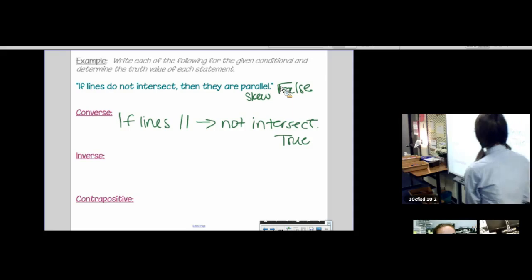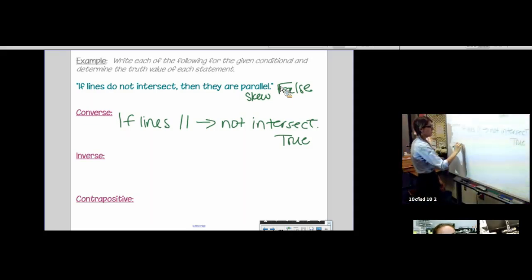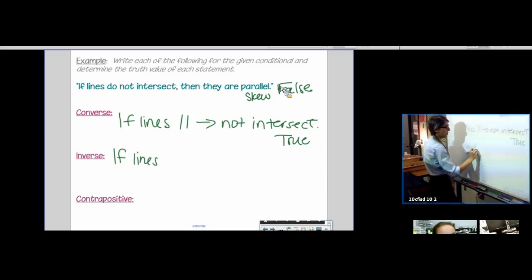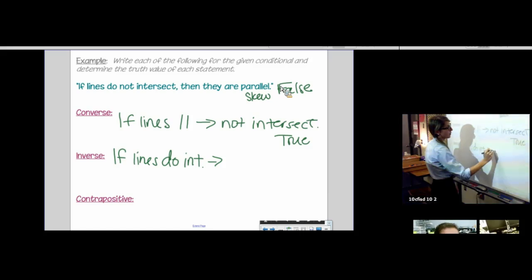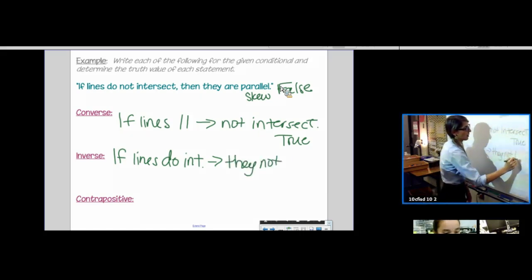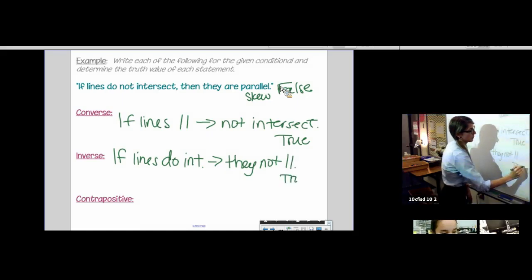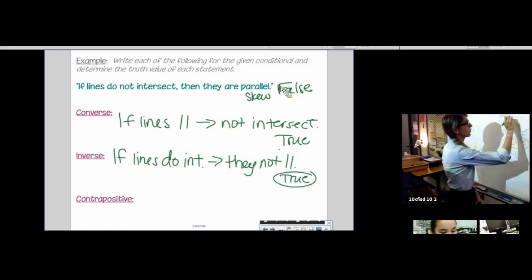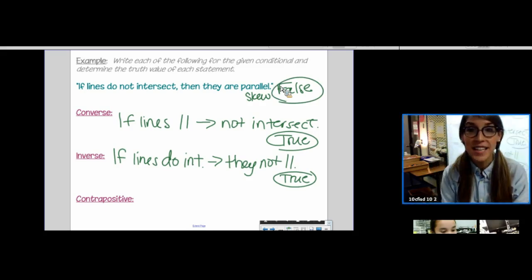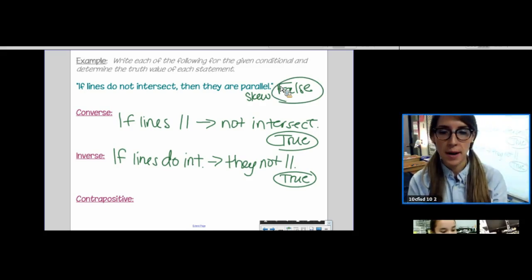True. Inverse. If lines do intersect, then they are not parallel. Totally true. If they do intersect, intersecting lines could not be parallel.